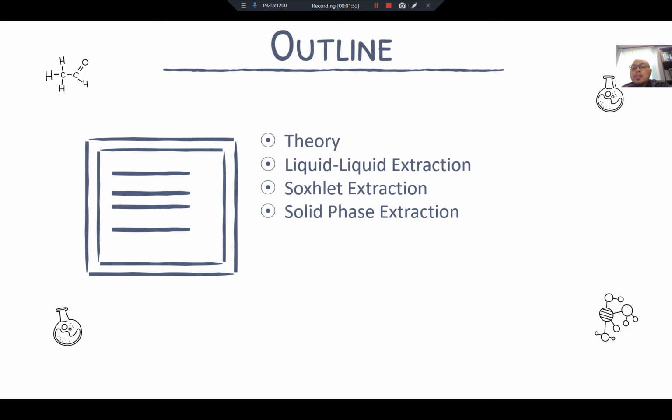Solid phase extraction was developed to cater to the disadvantages of liquid extraction, solid extraction, or solid-liquid extraction. By developing it, they successfully countered the issues. Later we will look at that particular thing.